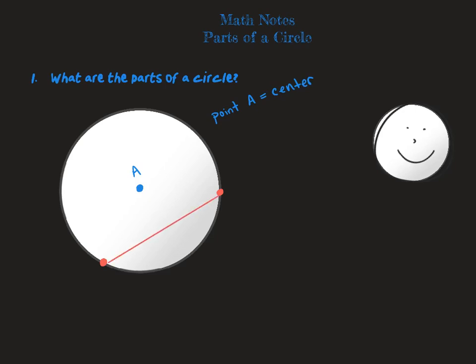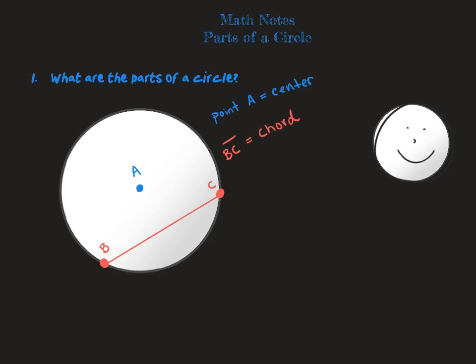Okay, so we have a line segment there. Let's put the ruler to the side for now. And pretend that I made this really, really good. So one point is here, another point is here. That's a line segment, and we'll call it line segment BC. So you can say that line segment BC, that's what we call a chord.